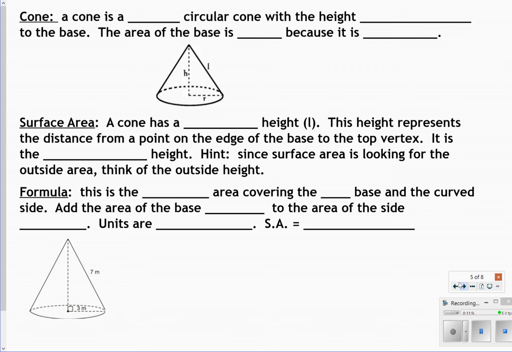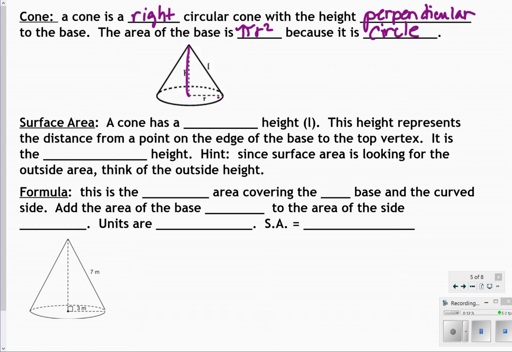Now this cone that we're talking about is called a right circular cone in that the height right here is perpendicular to its base. The area of the base is pi r squared because our base is a circle.